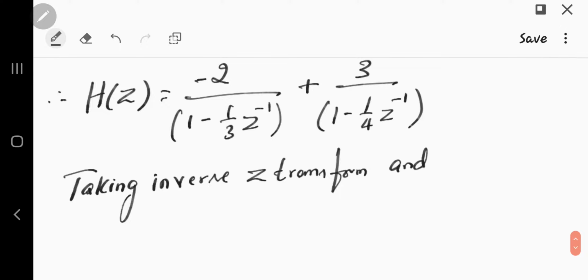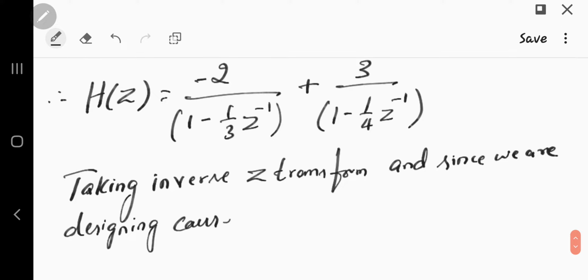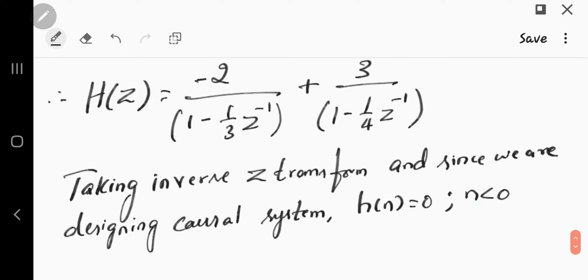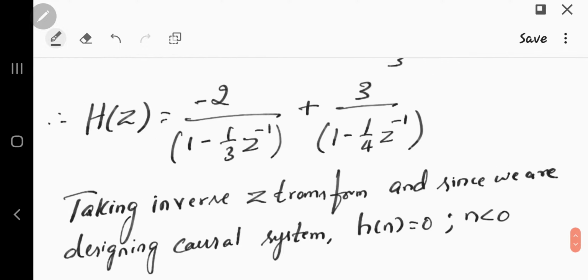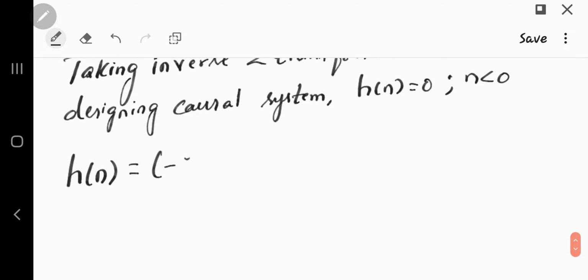And one more thing, we are designing a causal system. So that means H of n is 0 for n less than 0. If you take the inverse Z transform, H of Z will become H of n, and the minus 2 I have written.